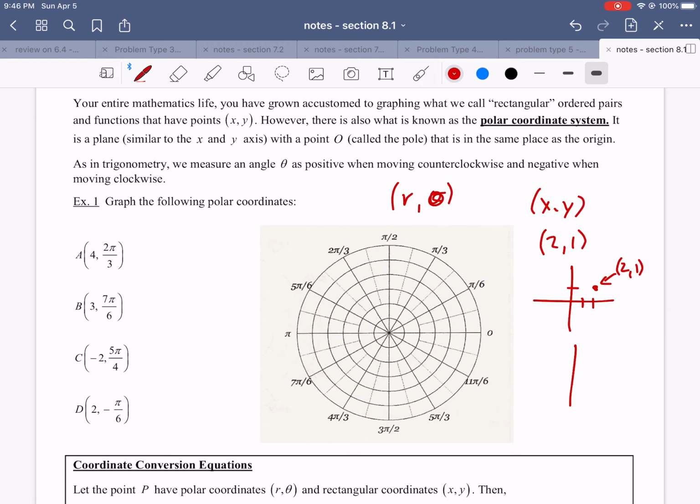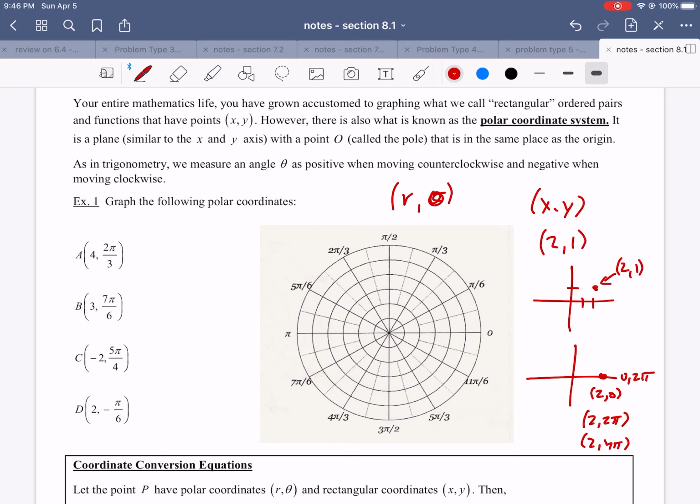But when we talk about polar coordinates, let's just say that I have a point right here that's at a radius of 2 and at angle 0. Well, not only can I call that 2, 0, but I could also call it 2 and 2 pi, because this is not only the angle 0, but it's also the angle 2 pi. I could also call it 2 and 4 pi.